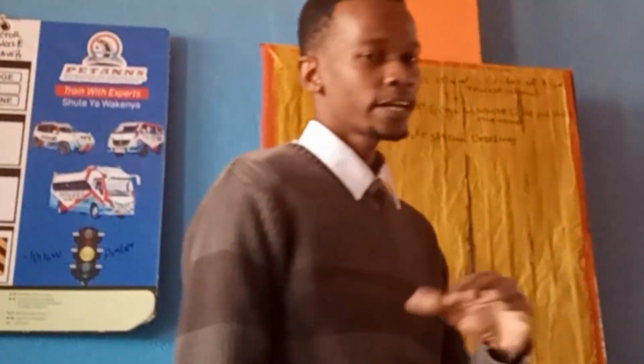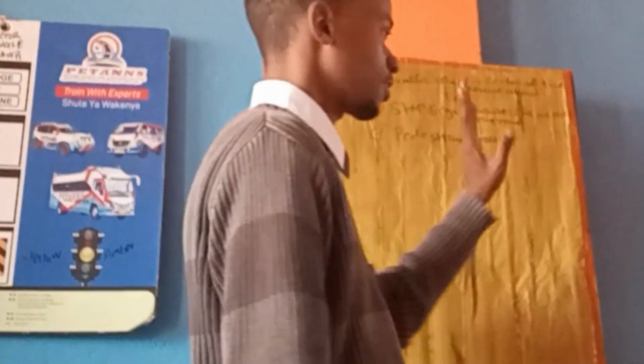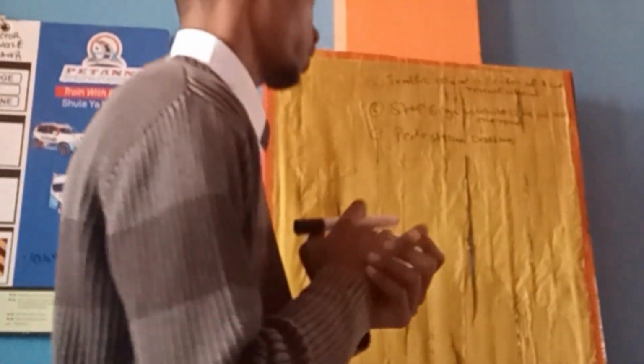So since it's a safe place for pedestrians to cross the road, inamaanisha anytime you are approaching a pedestrian crossing, unafaa ku slow down. You are supposed to slow down while approaching a pedestrian crossing.